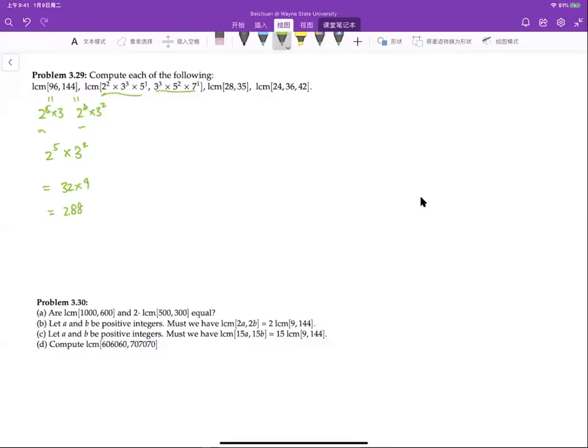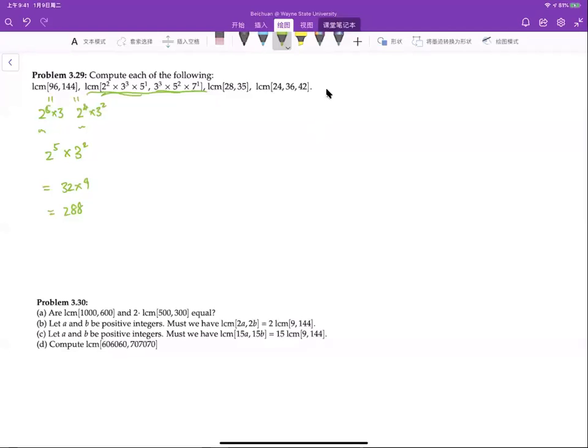Then can you do the second one? So can you calculate the least common multiple of those two numbers? In this case, the two prime factorizations are given. And you just need to find the prime factorization of the LCM. 980. So how did you find that?